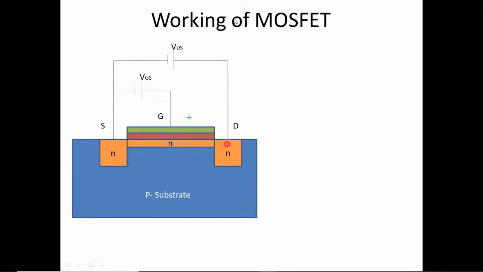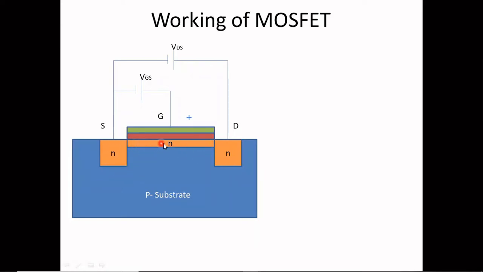Because of the positive terminal connected to the drain terminal, all the electrons will get attracted towards the drain terminal. Here the negative terminal is connected to the source terminal, so whatever electrons are there will be repelled from the source. All the repelled electrons will start moving towards the drain.